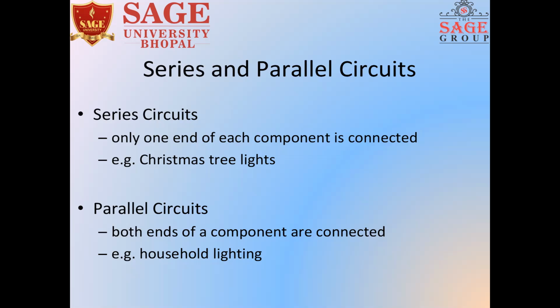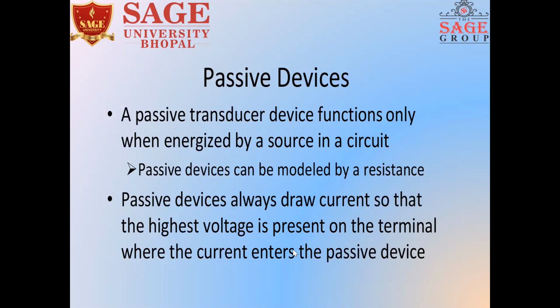Some examples are household lighting and domestic lighting. We all use parallel circuits because we use domestic lights, such as CFL and many more things.